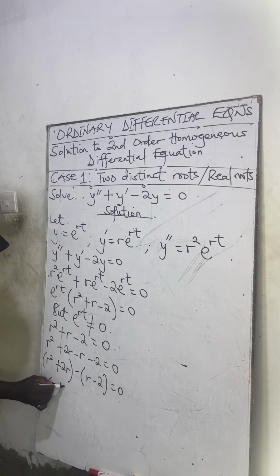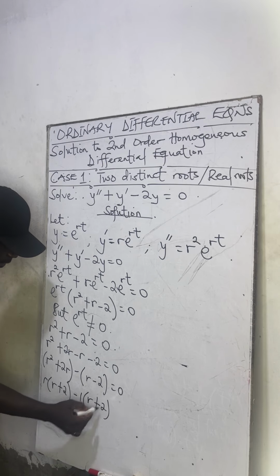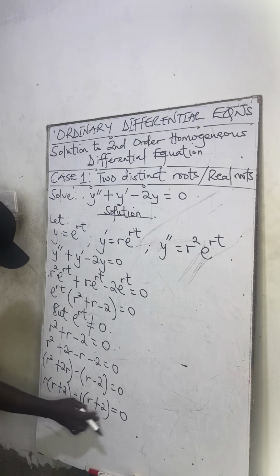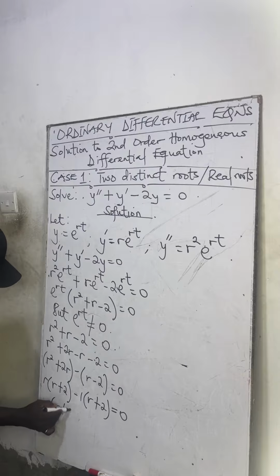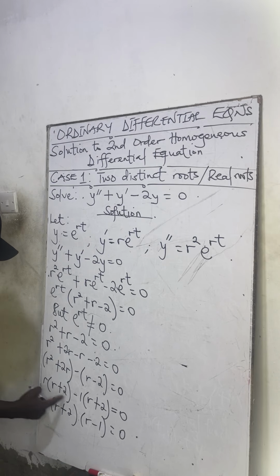I'll get r plus 2. Then here minus 1 out. Then I'll get r plus 2. Don't forget negative, negative, you get a positive sign. Now this and that are the same. So we have r plus 2, then r minus 1 equals 0. You can factorize r plus 2 out. So when you factorize it out, you get r minus 1 is equal to 0.